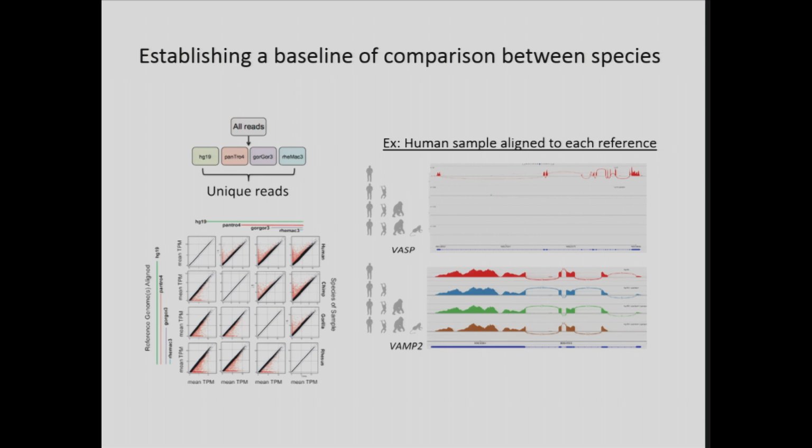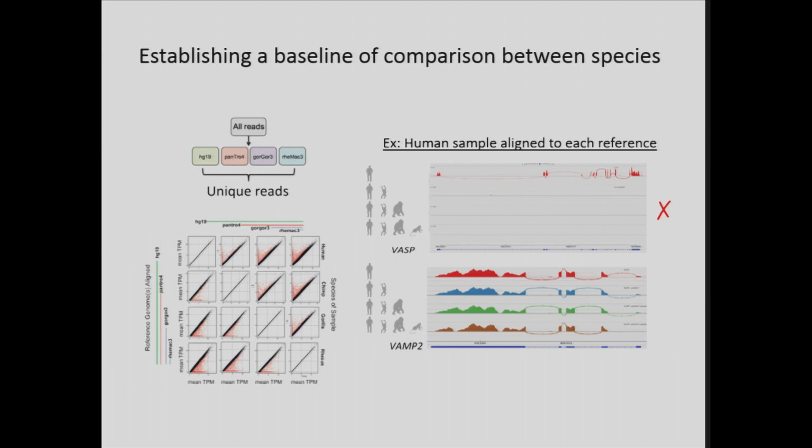So what we see piled up over those dark blue boxes, that's the actual RNA-seq information that we're seeing aligned to the genome. On the top, we have a gene, VASP, that we see is only aligned to the human genome in that top row. As we start to align to further primates, if we include chimp or gorilla or rhesus, that gene completely goes away. And so this means that this is not a gene that's correctly aligning across the species and will give us some error, so we don't look at that information.